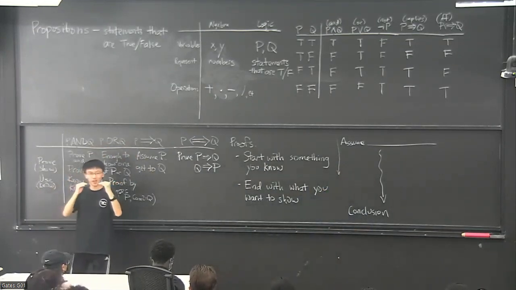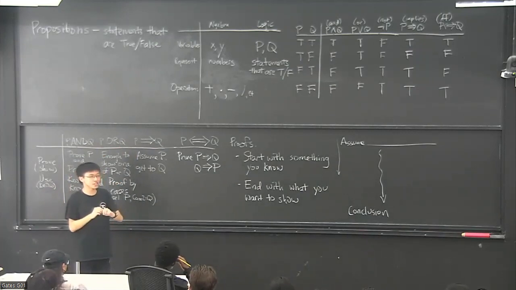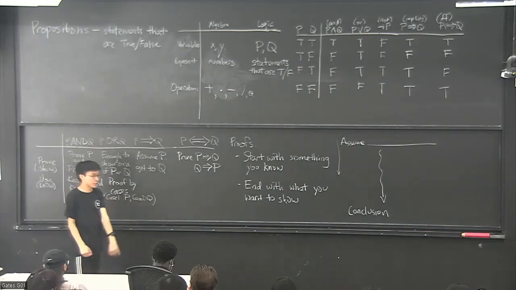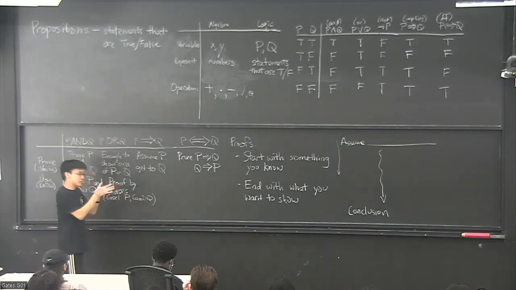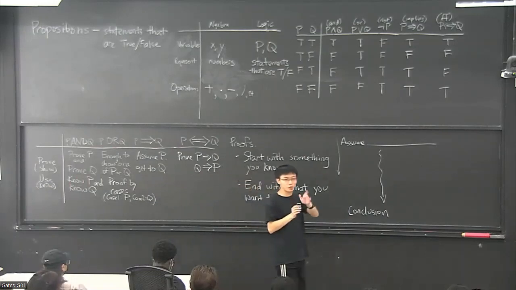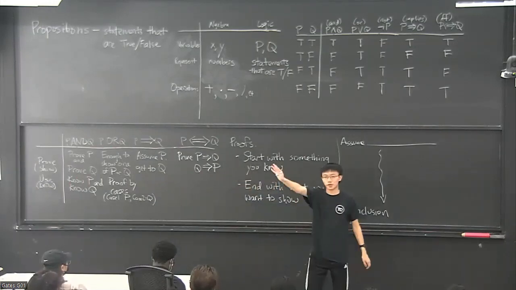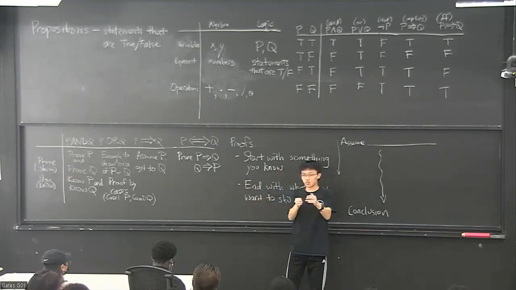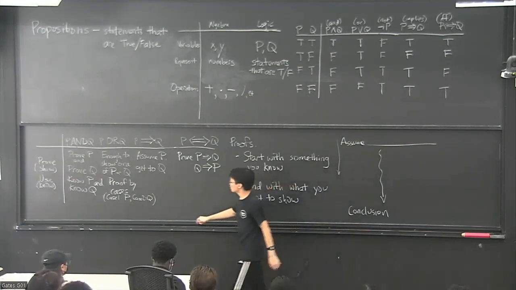You don't know which one is true. So you can't just say, I know P or Q, therefore P. You have to split it up into a crossroads in which you say, what if P were true? What do I know? What if Q were true? What do I know? And hopefully in both of those crossroads, you end up getting to the conclusion.